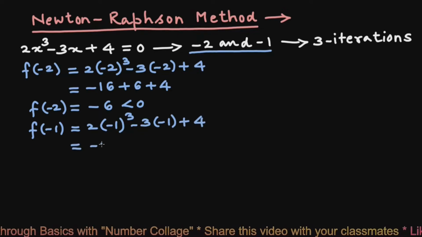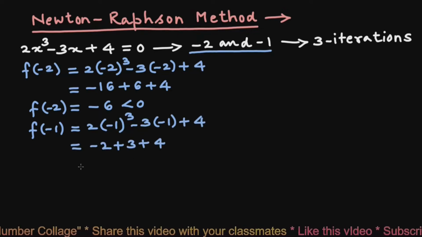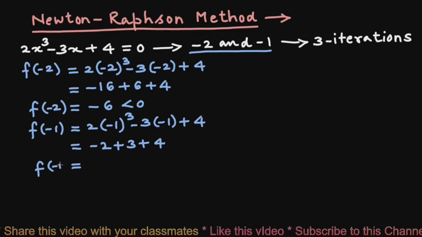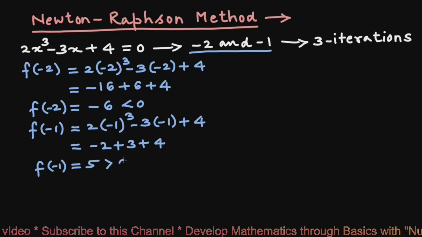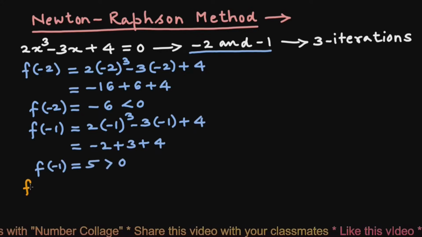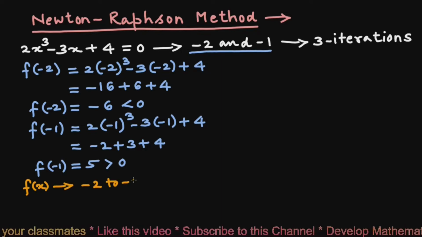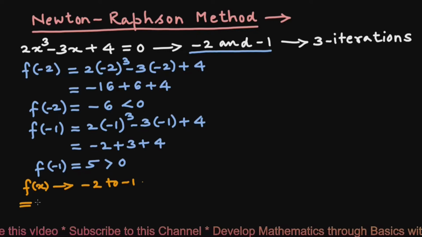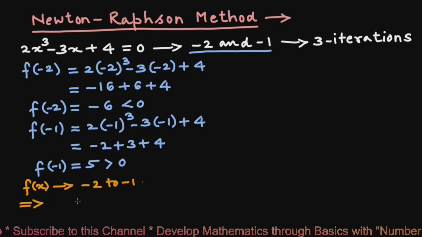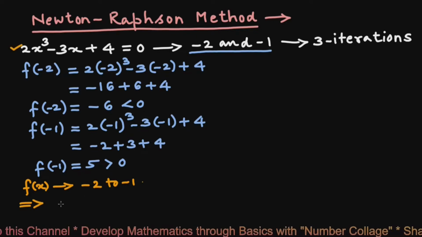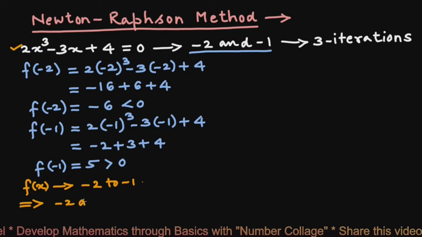This will be minus 2 plus 3 plus 4. So f of minus 1 will be 5, which is positive. Now since f(x) changes sign as x moves from minus 2 to minus 1, it implies that one of the roots of this equation lies between minus 2 and minus 1.